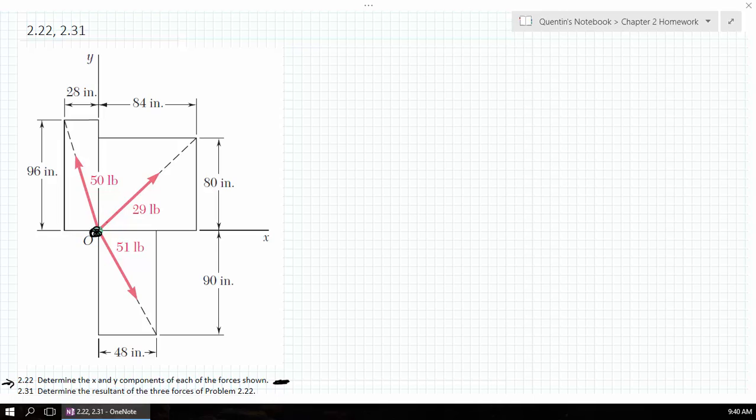Okay, so we'll start with this force right here. You have 29 pounds going off in this direction, and you're given this information. So you could go through and figure out this theta, right?